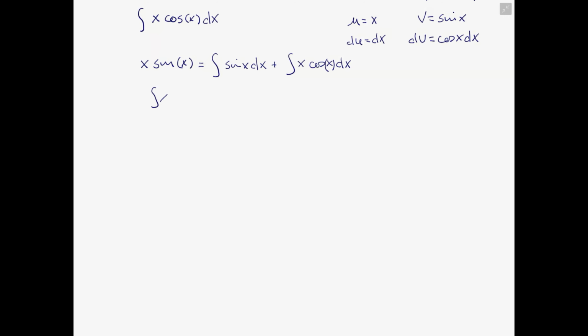And that's what we have there. So now we just do our integrals. We have on one side x cosine x dx equals x sine x minus sine x dx.